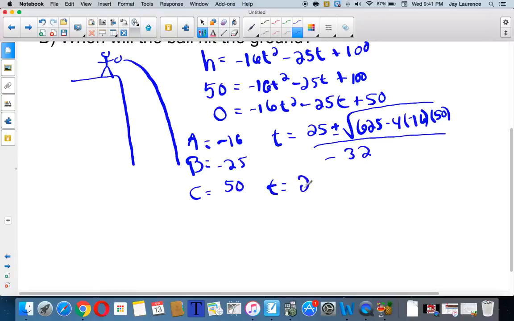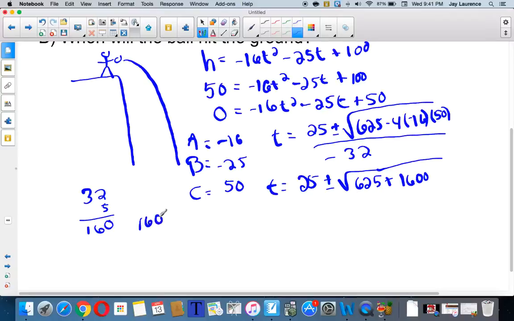So t is going to equal 25 plus or minus square root of 625 plus 32 times 5. Let's see. 32 times 5 is going to be, carry the 160, so 1,600, I think. All right, and if I add those two together, 1,600 and 625, looks like I'm going to get 2225, right?